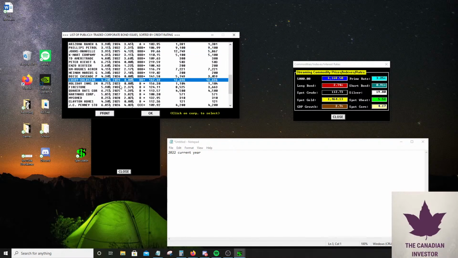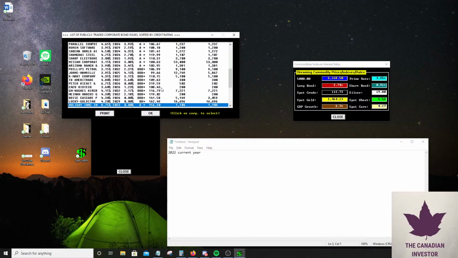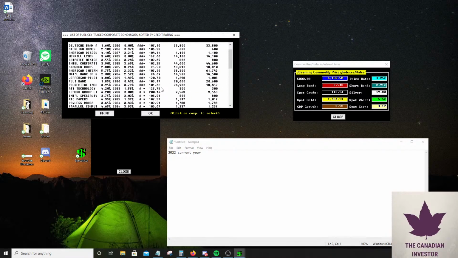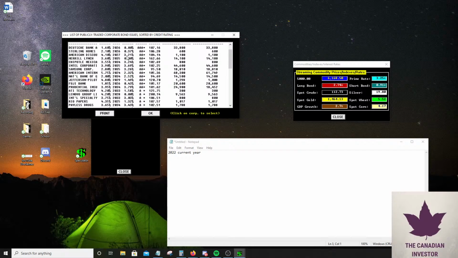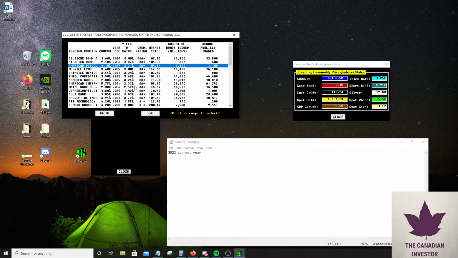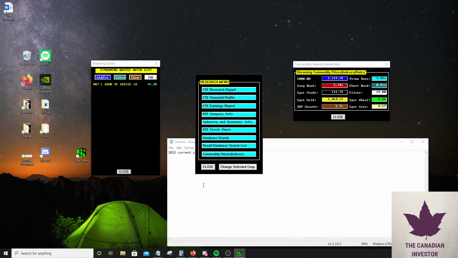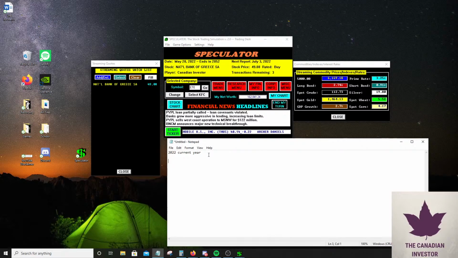I'm not seeing any, 2023, this one could potentially be good. No, not worth it. Maybe the 2027? No. All these bonds are bad at the moment, so I can't find any super good deals for the bond ladder strategy.